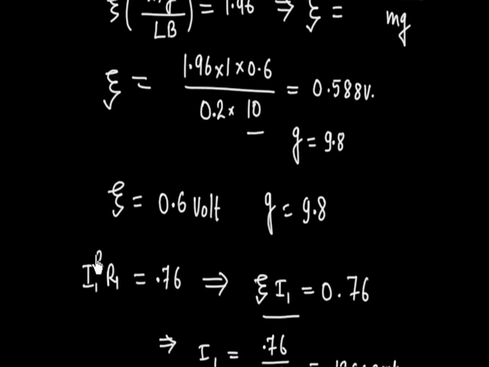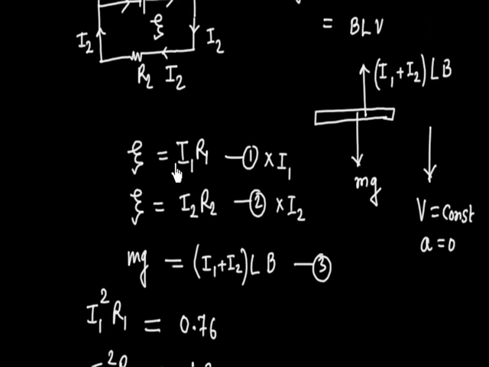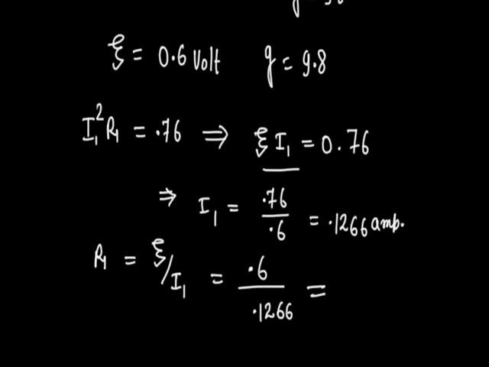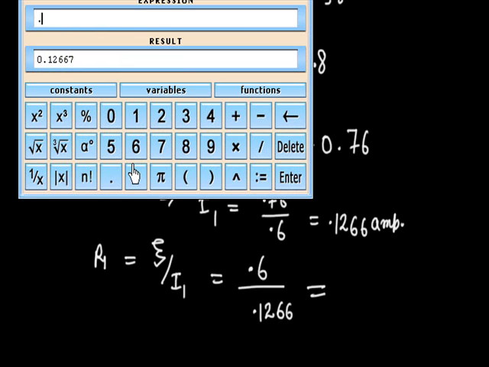So now I can calculate R1. Are you getting or not? So you see, what is R1? Xi is equal to I1 times R1. So xi by I1 is equal to R1. So R1 is xi divided by I1. And xi I know, that is basically 0.6 volt, and I1 is 0.1266. So this is 0.6 divided by 0.1266.